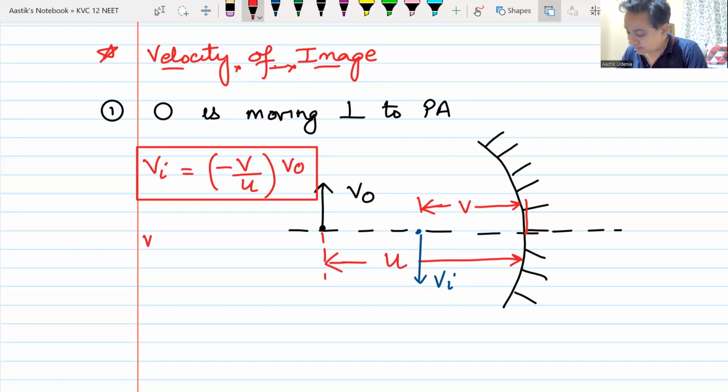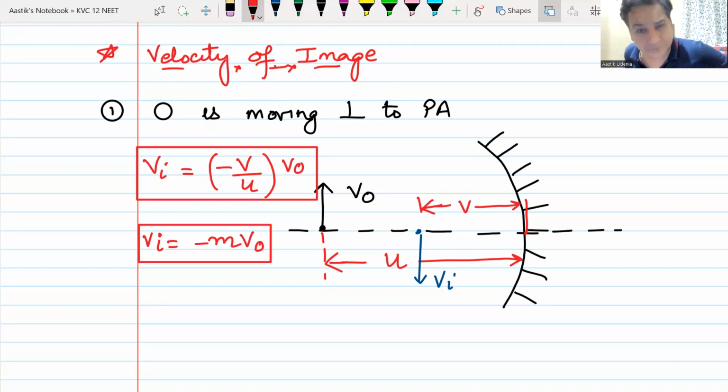You can also write it like this: VI is minus M times VO. What does M stand for here? Magnification. Yes, it is minus V by U, and it is magnification.